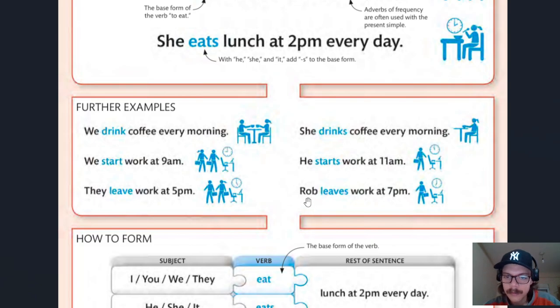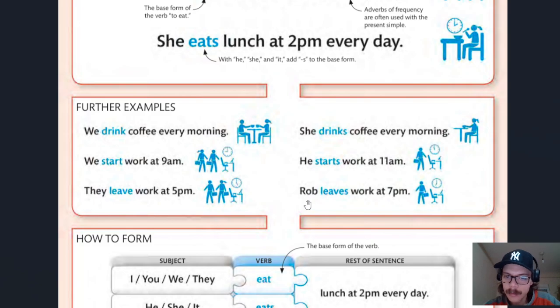And in the case of Rob, we have something that I mentioned at the beginning, which is you don't have the pronoun, you just have the noun. In this case, the name of a person. So in this situation, if you're unsure, you would want to replace the noun, in this case the name, with a pronoun.